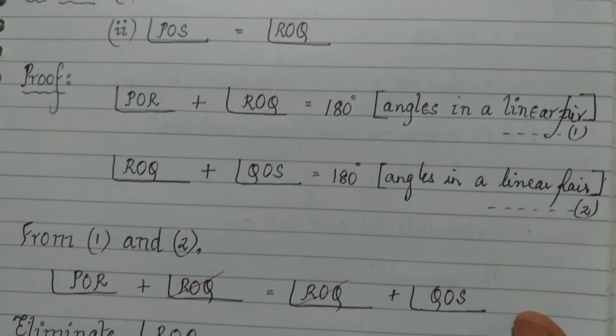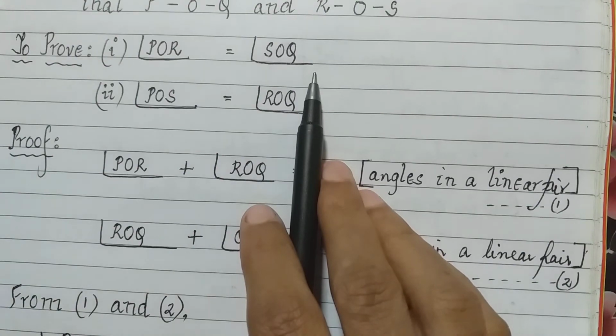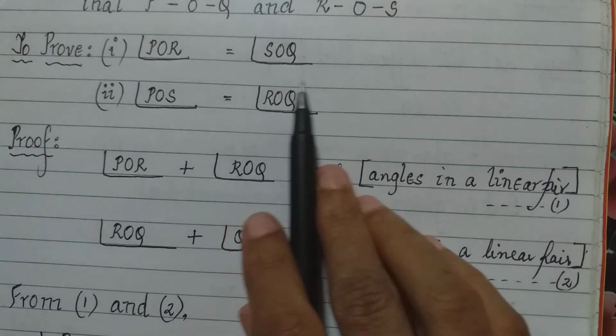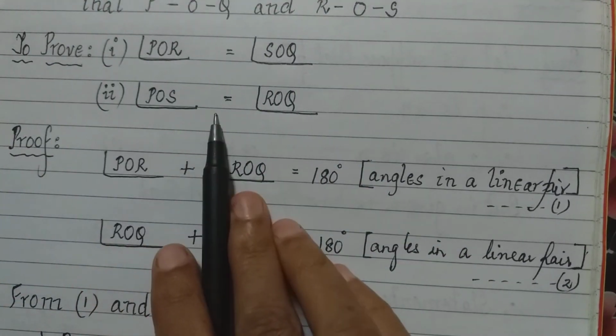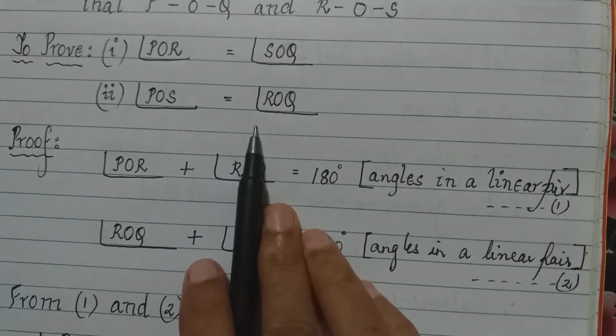Since we have proved that angle POR is equal to angle SOQ, what are we to prove again? Angle POS is equal to angle ROQ, and the steps are similar.